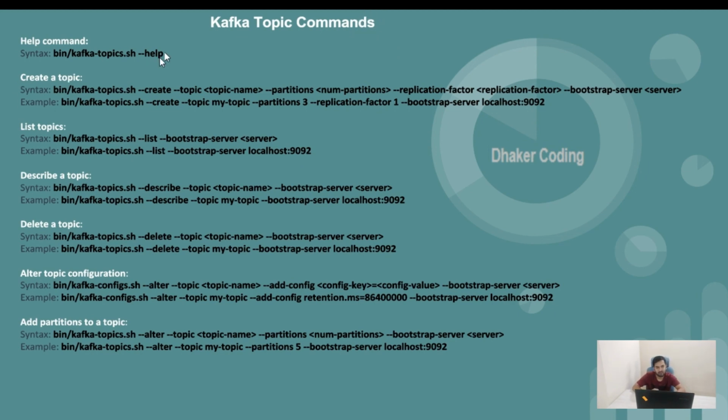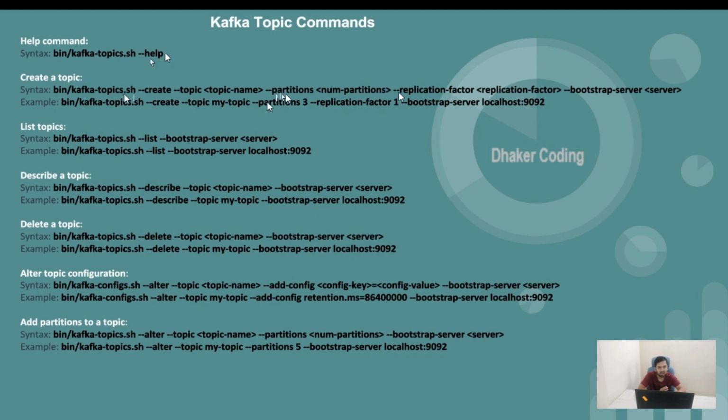Now let's say I want to create a topic. Then I will use kafka-topics.sh, then --create, and then the topic name I want to create, so --topic and the name. Then how many partitions I want to create in that topic, so I will give --partitions and the number of partitions.